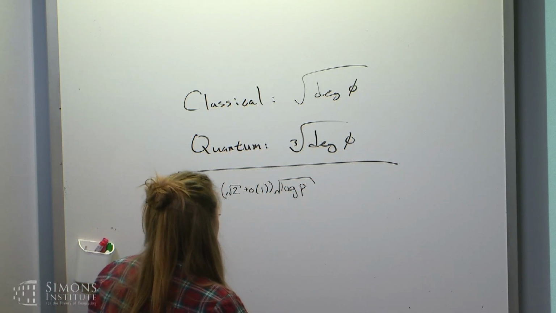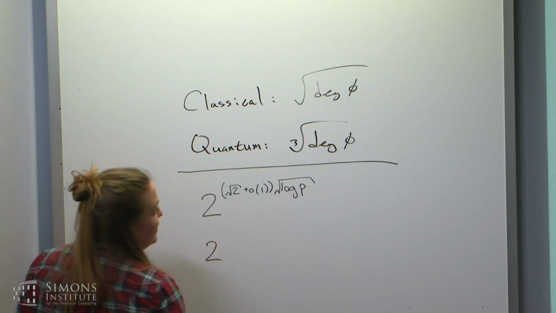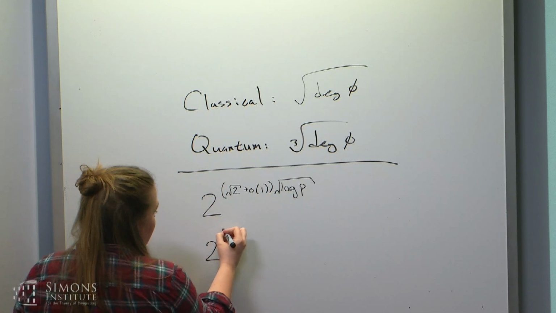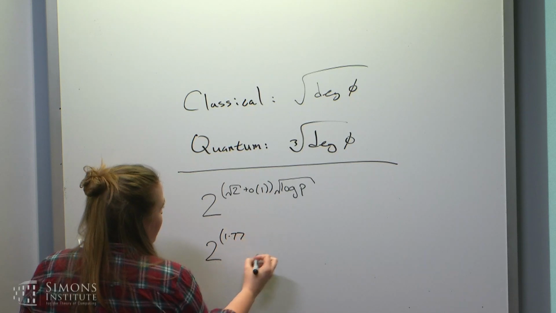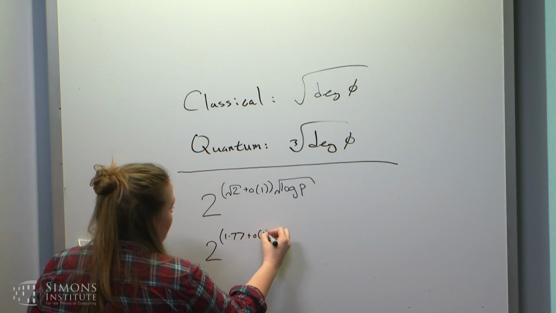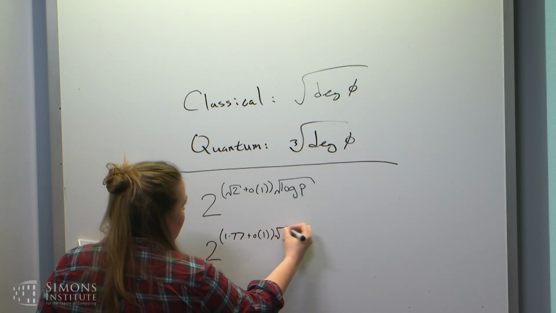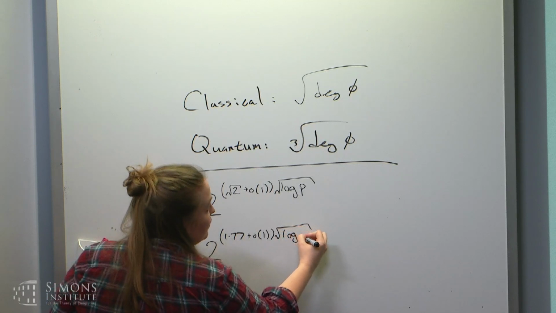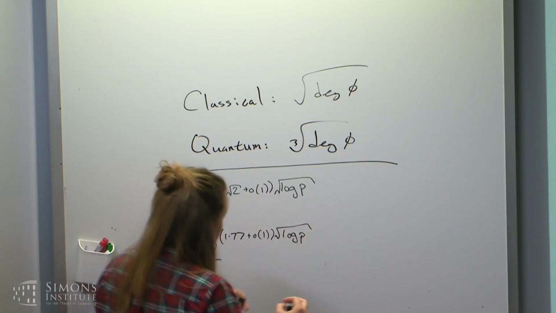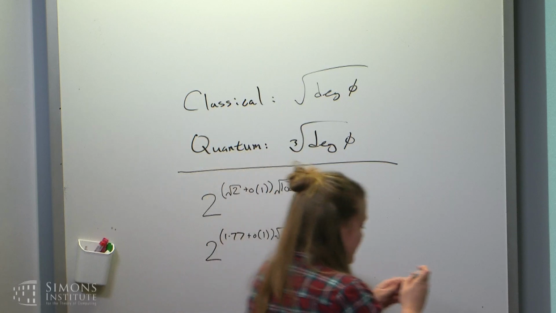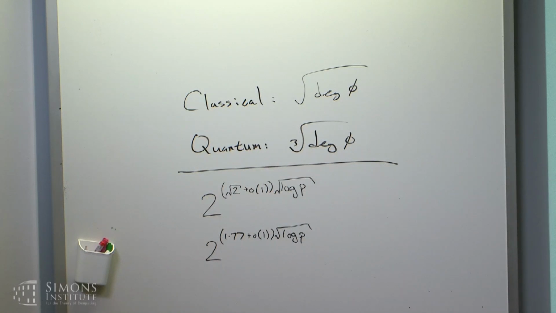And that's then an improvement from the previous complexity that was the same thing but with 1.77 times that thing. So the asymptotic complexity of Kuperberg's algorithm is a sub-exponential number.